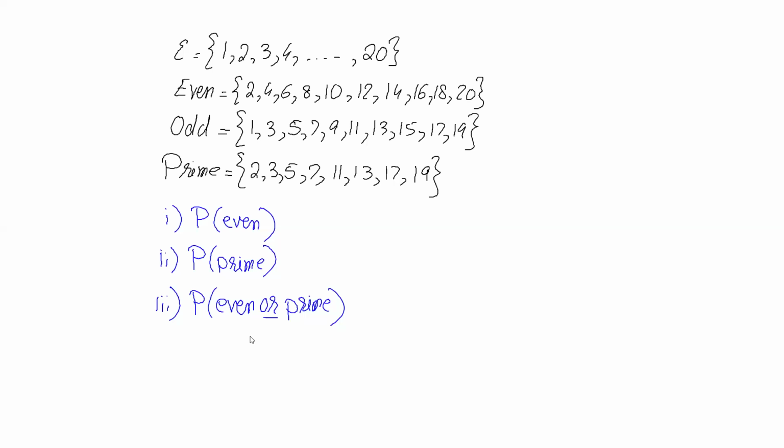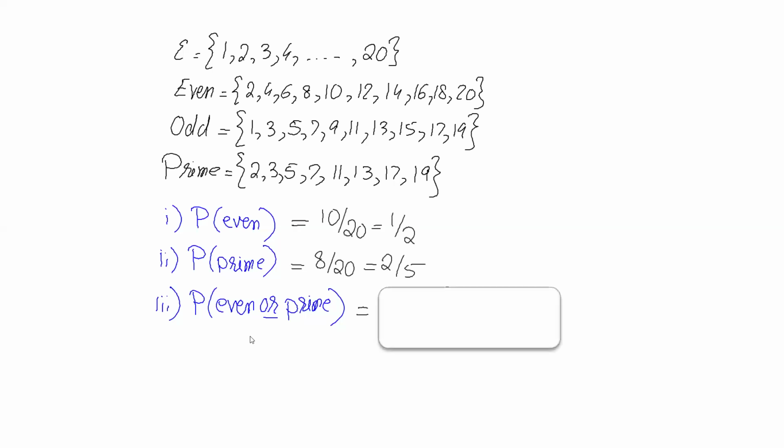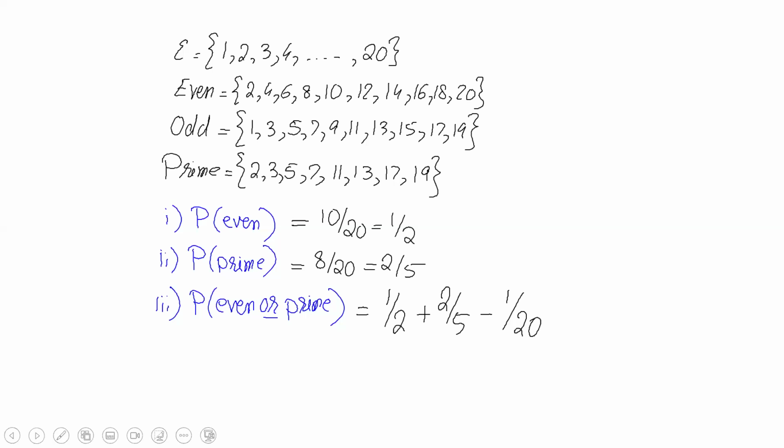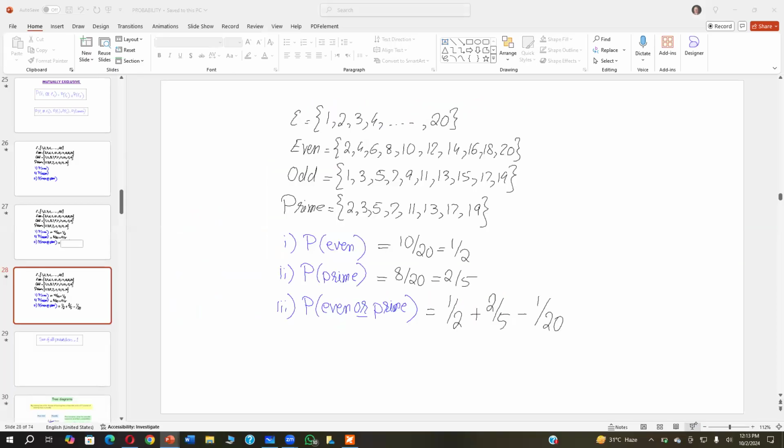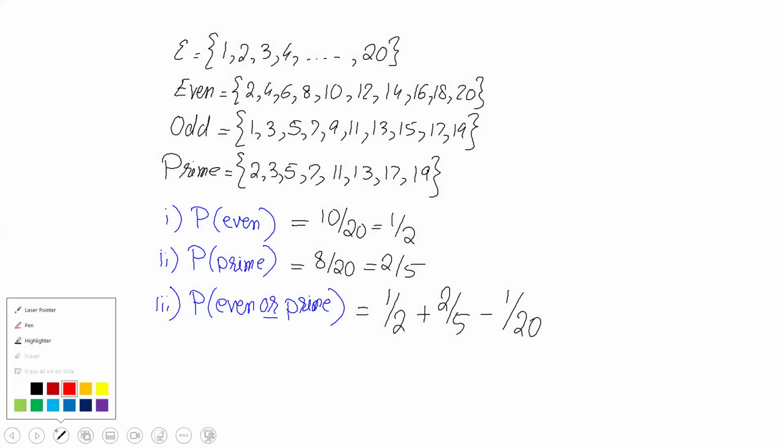So I'm getting 17 over 20. Sir, I used the second formula: 1 by 2 plus 2 by 5 minus 1 by 20, because that's the common, right? Then I get 17 over 20. Yes, so 1 upon 2 plus 2 by 5 minus 1 upon 20, we get 17 over 20 as the final answer.